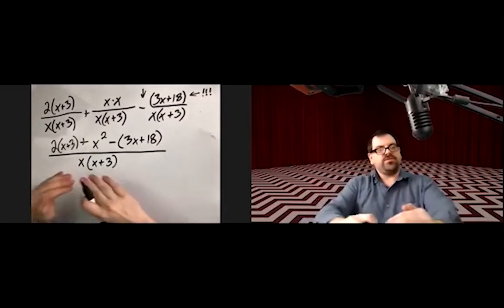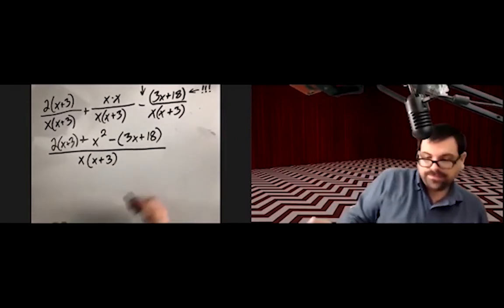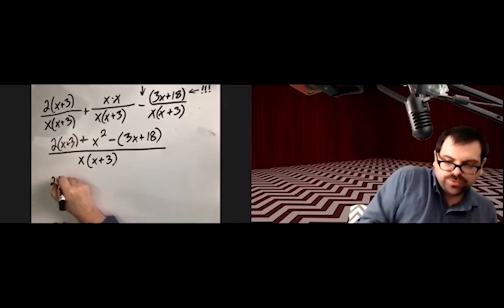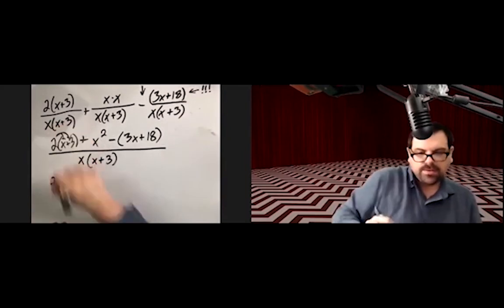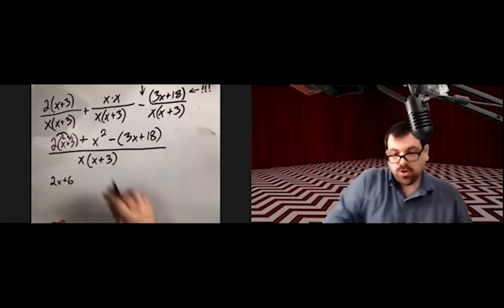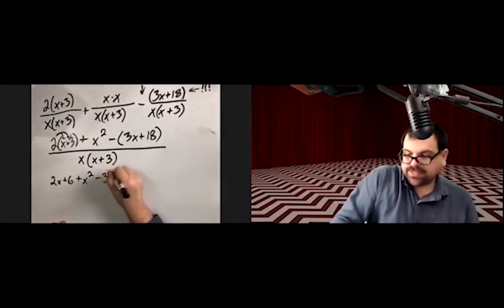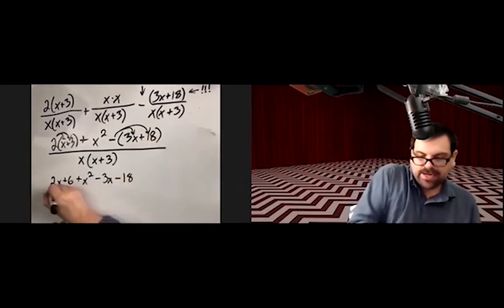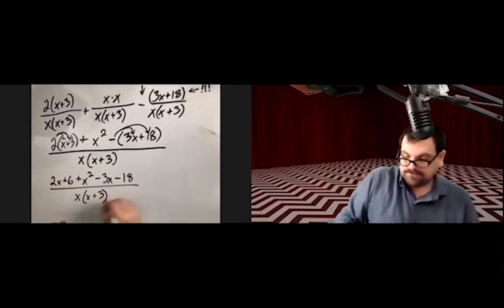Keep the bottom in factored form, but now we have to expand the top. Distribute the 2. 2x plus 6 plus x squared minus 3x minus 18 all over x times x plus 3.